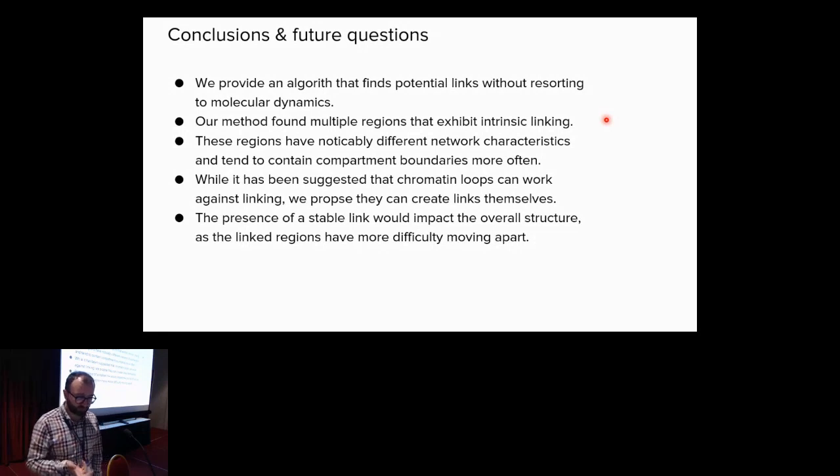And we propose that chromatin loops can not only remove linking but sometimes cause linking. The implication would be that the presence of a stable link would impact the overall structure, because linking prevents parts of the chromatin from moving apart in 3D space on a larger scale. So it might have some functional implications in the future.